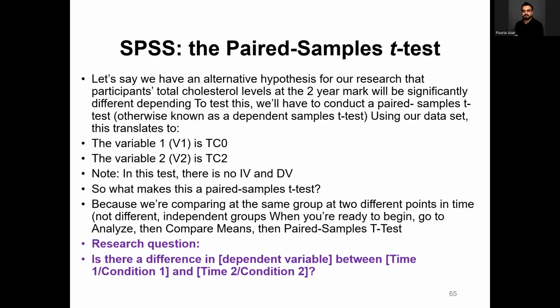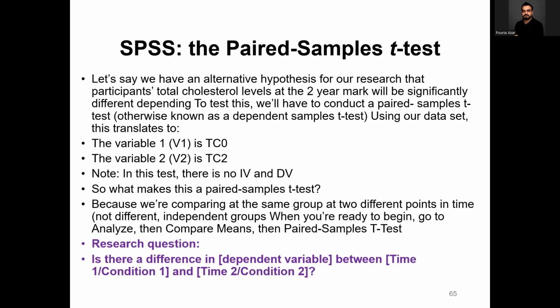So for the paired sample t-test, I can write the research question like: is there a significant difference in the dependent variable between time one and time two? This is how I develop a research question in the paired sample t-test.